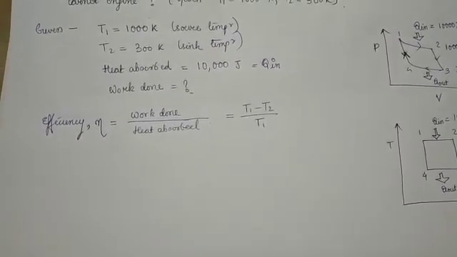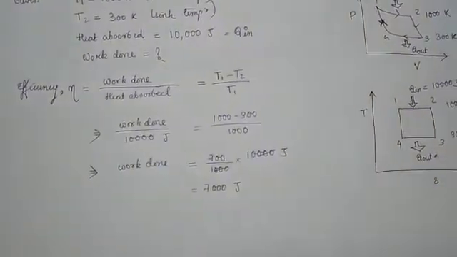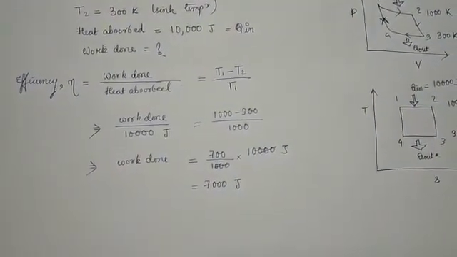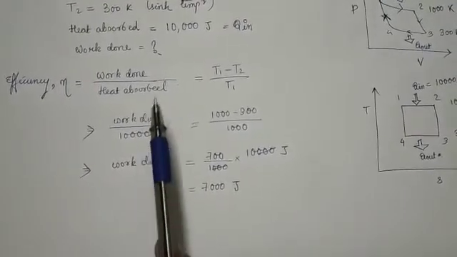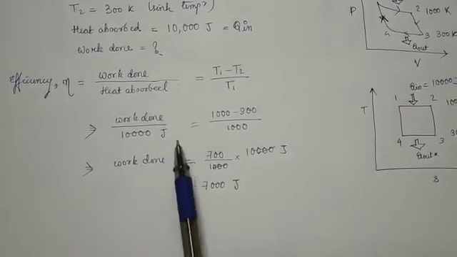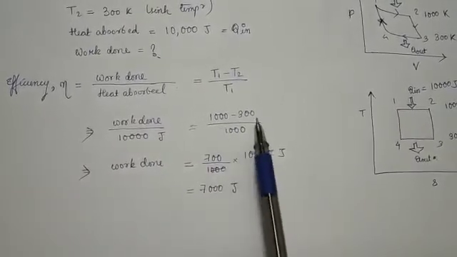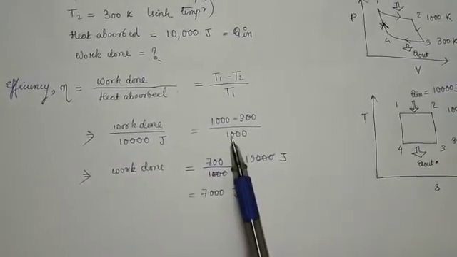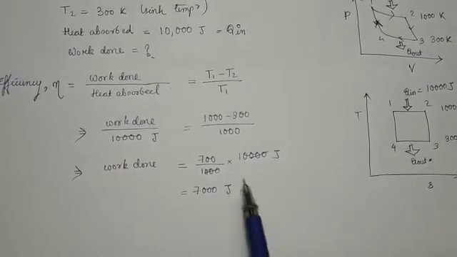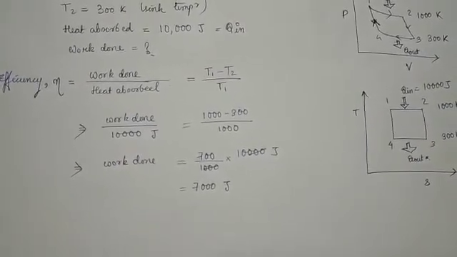So if we put in our values now, we can get something like, work done by heat absorbed, given value was 10,000 joule, equals T1 minus T2 by T1, which is 1000 minus 300 by 1000. Just cross multiplying, we'll get a work done value of 7,000 joule.